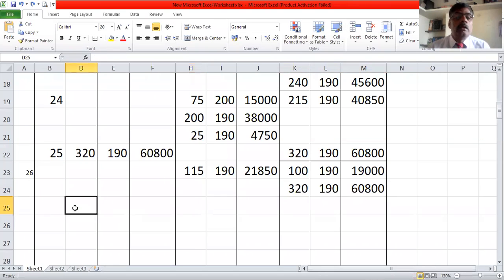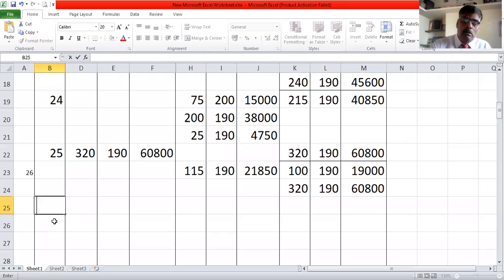Return from the department is 35 units. 35 units means it is a receipt, not an issue. So you don't put an underline. Date is 27. Quantity received from the department is 35 tons.